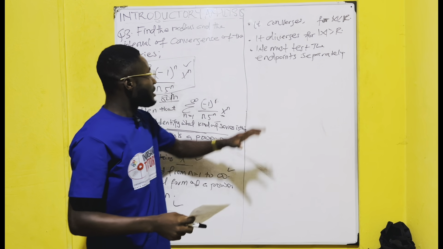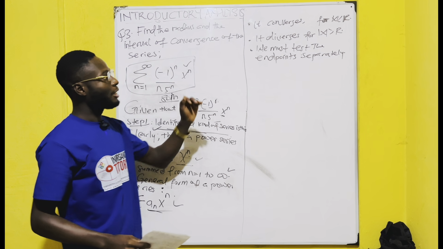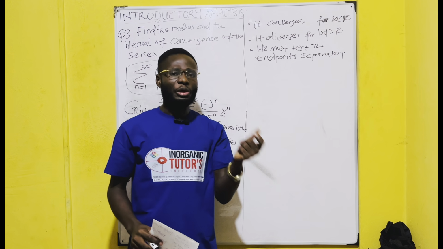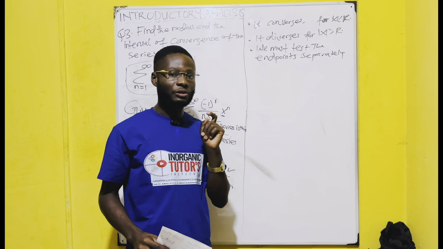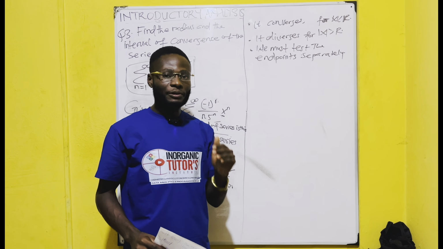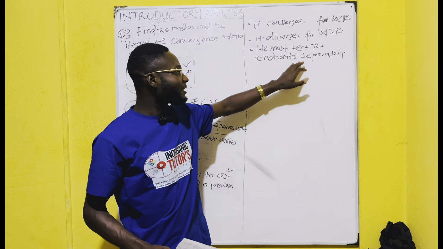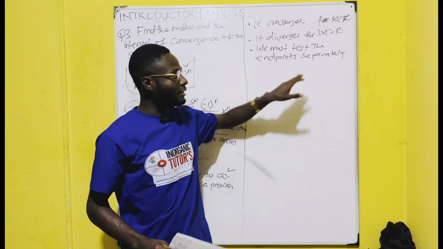Now, that is the main reason why this step 1 matters. Once we know that it is a power series, you have to know that it will converge for absolute x less than R, it will diverge for absolute x greater than R, and we must test the end points separately.